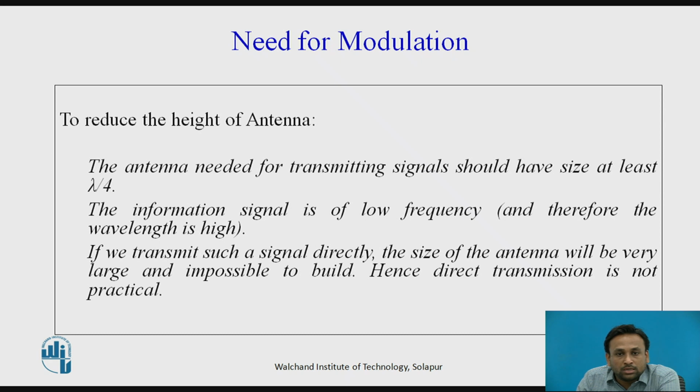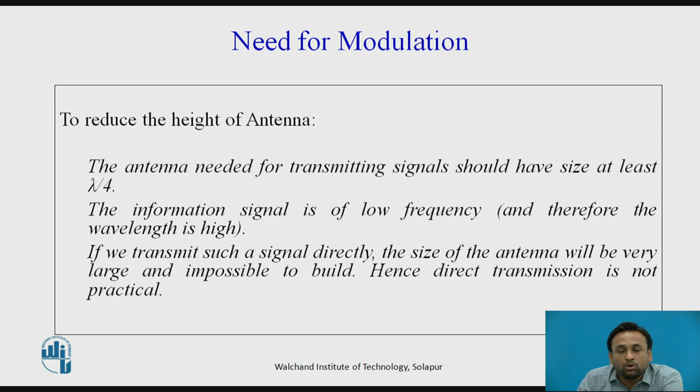The information signal is often low frequency and therefore the wavelength is very high. As frequency is low, lambda will be very high. And if we transmit such a signal directly, the size of the antenna will be very large and it is impossible to build. Hence, direct transmission is not practically possible. So we need to have more frequency.